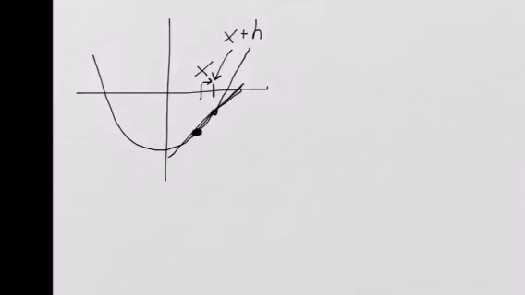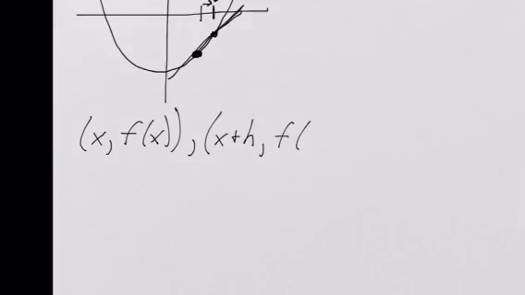So the formula for the difference quotient is derived from the slope formula. So the points that we have are x, f of x, and x plus h, f of x plus h.